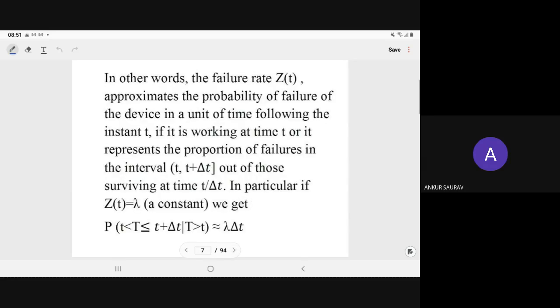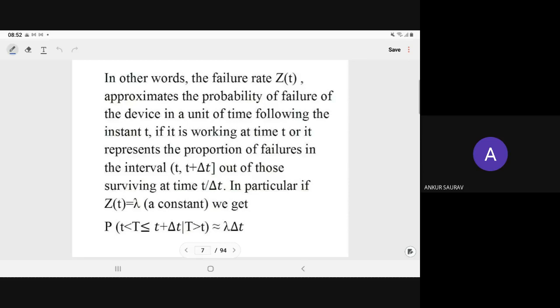In other words, failure rate z(t) is approximately the probability of failure of a device in a unit time following the instant t, if it is working up to the time t, or it represents the proportion of the failure in the interval t to t plus delta t out of those surviving at time t divided by delta t.